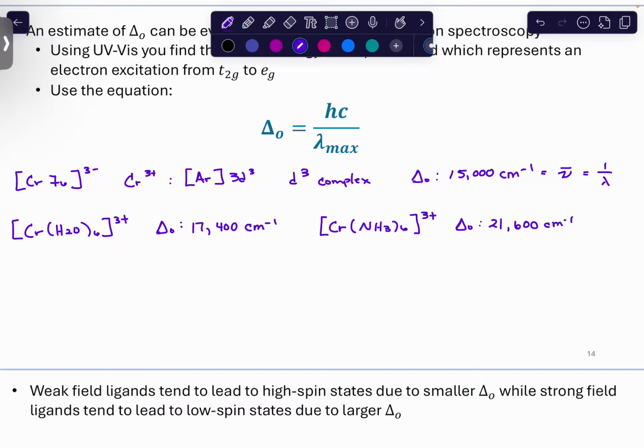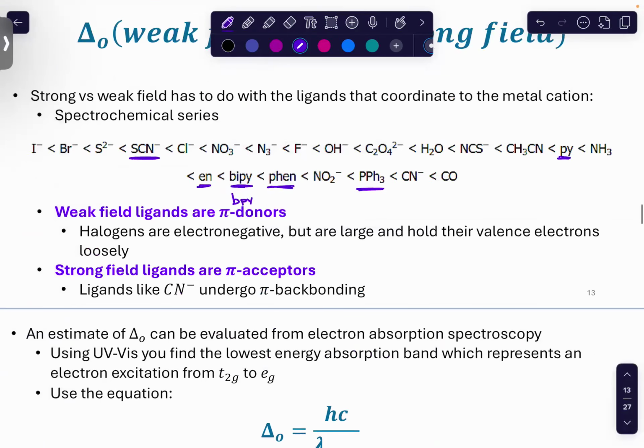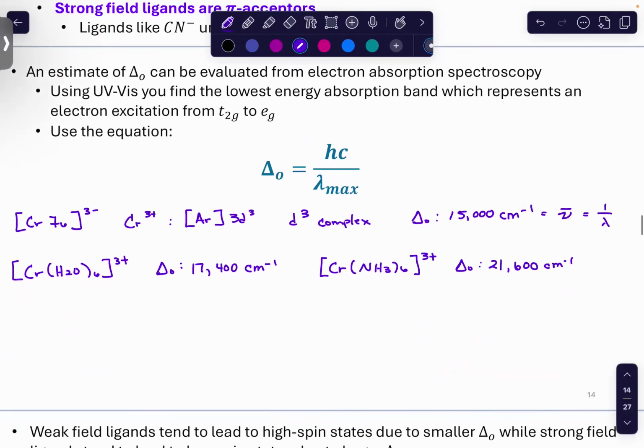Okay, so I went from a weak field ligand to a midfield ligand, so I'm going towards stronger. And you notice that the energy, let's see. So this is lower energy. Let's take a look. No, the energy's going up. Okay, so here's the way you look at it.